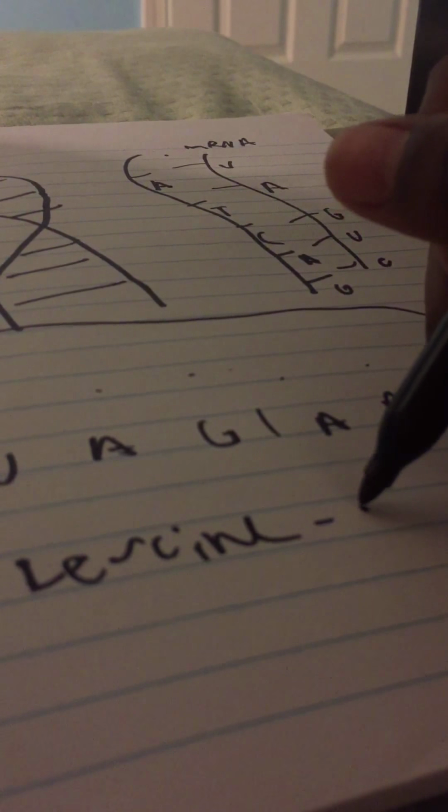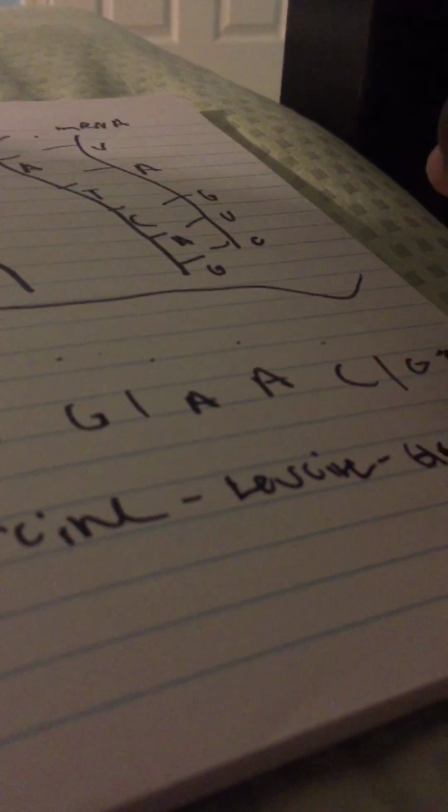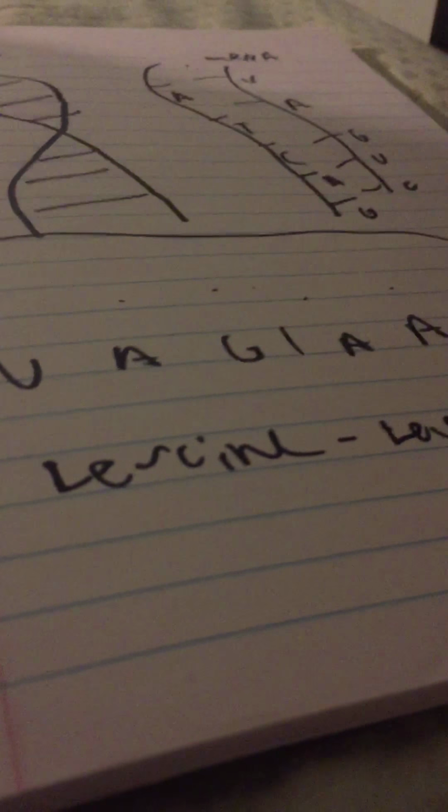And at the very end, once you have all these amino acids, let's say for example, the chain is leucine, glutamic acid. This would be part of your protein, but of course it'd be a lot longer.